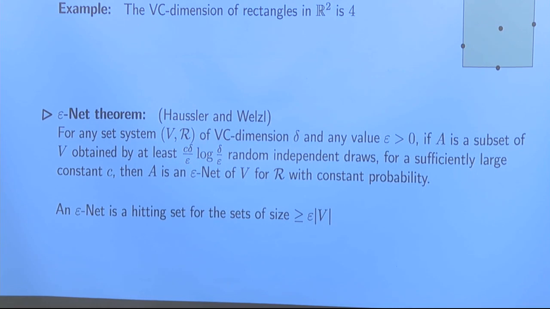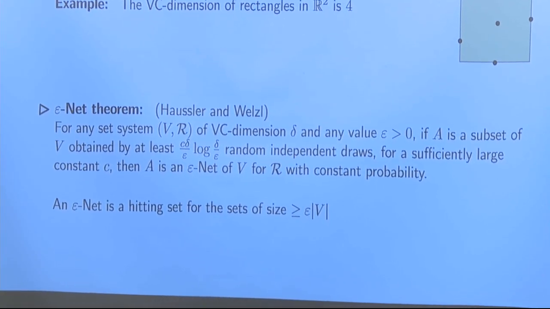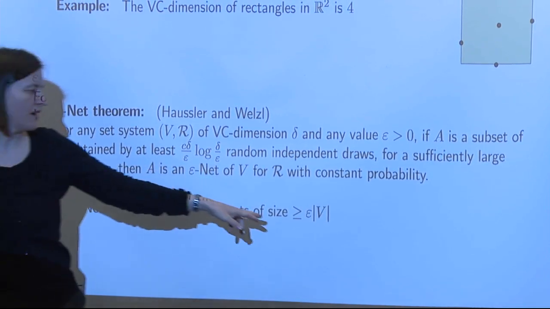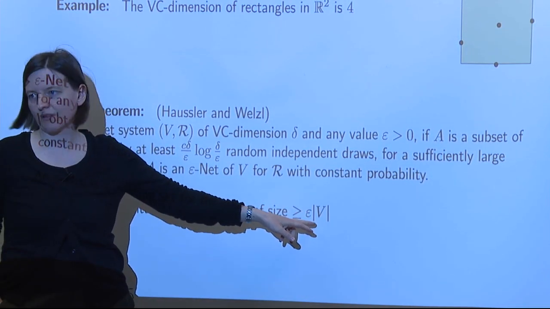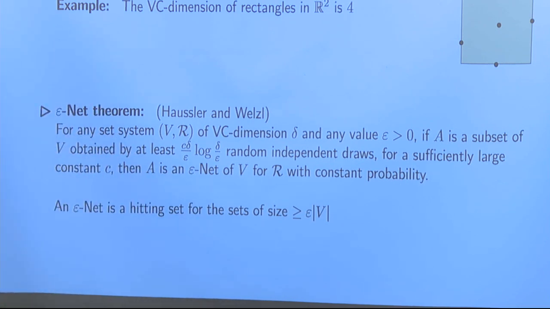So an epsilon net is a subset of the ground set that hits all the sets that have volume at least a fraction epsilon of the entire ground set. So just by sampling, you almost get a hitting set when the VC dimension is small.